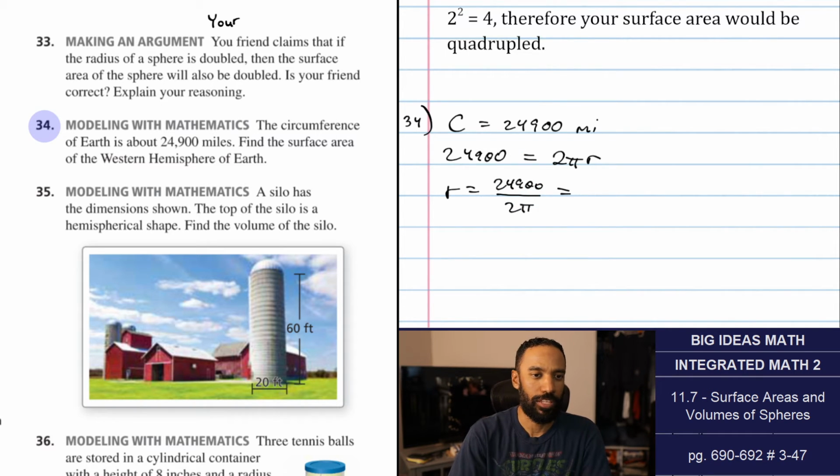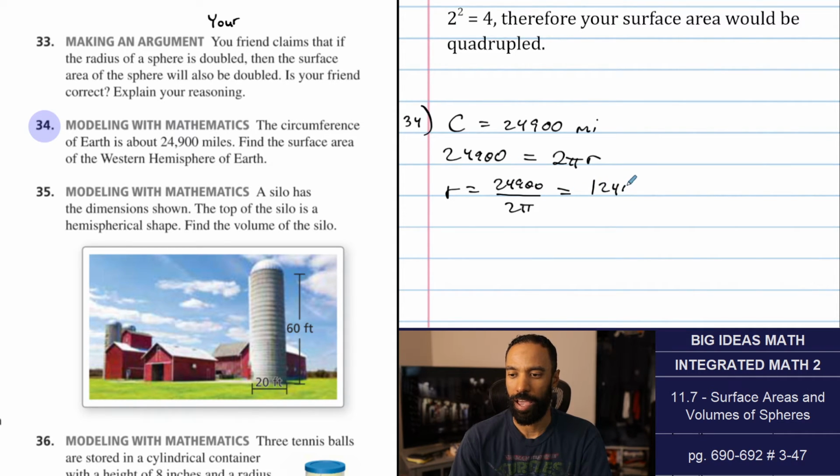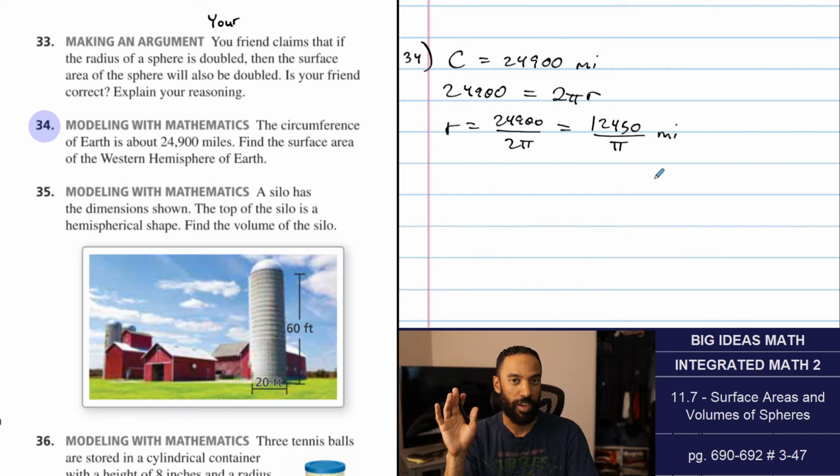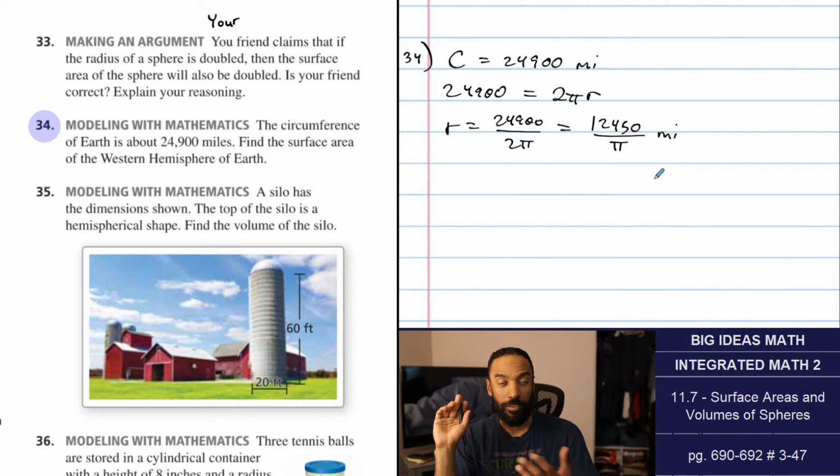I'm going to divide 24,900 by 2, and I get 12,450, 12,450 over pi. So this is the radius in miles of the Earth. Probably about 4,000 miles when you divide by pi.